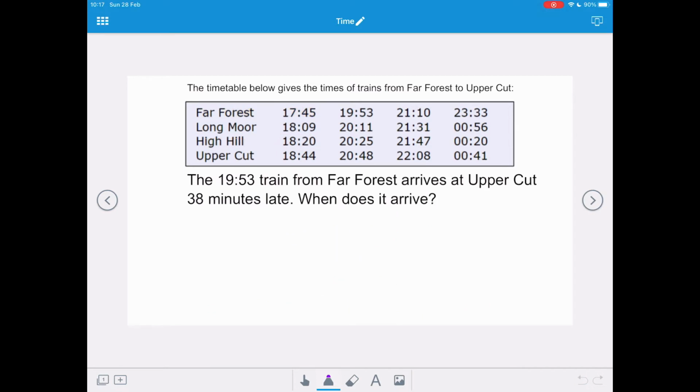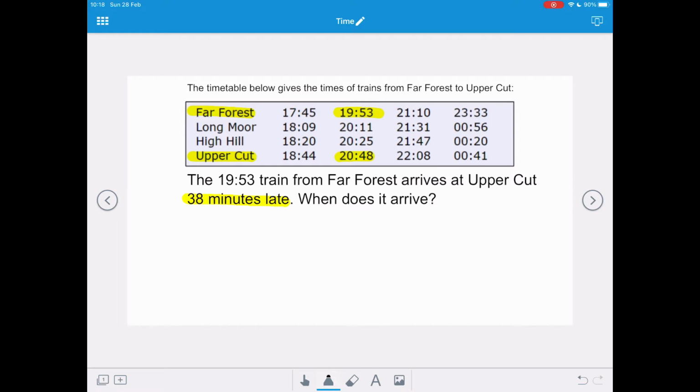Our second question for this timetable is, the 1953 train from Far Forest arrives at Uppercut 38 minutes late. When does it arrive? So let's look at the 1953 train, which is the second column, and it should arrive in Uppercut at 20:48, but it's 38 minutes late. So we're going to have to take the arrival time and add on 38 minutes.